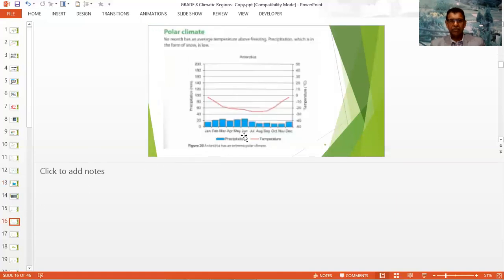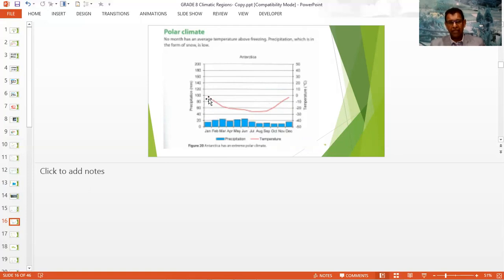If one looks at the month of June, we've gone to perhaps 22 millimeters. It's about the highest rainfall for the polar climate. So the rainfall in the polar areas is low because our temperatures are low.